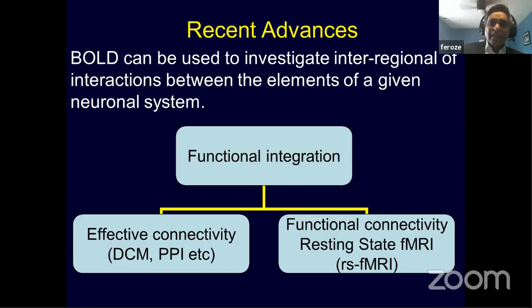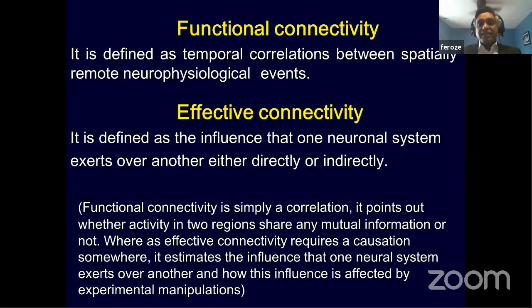And recently, BOLD is used for other things. One is for functional connectivity, which is resting state. Another one is effective connectivity. Functional connectivity is defined as correlations between different geographical regions, that is, temporal correlations between the psychological events.